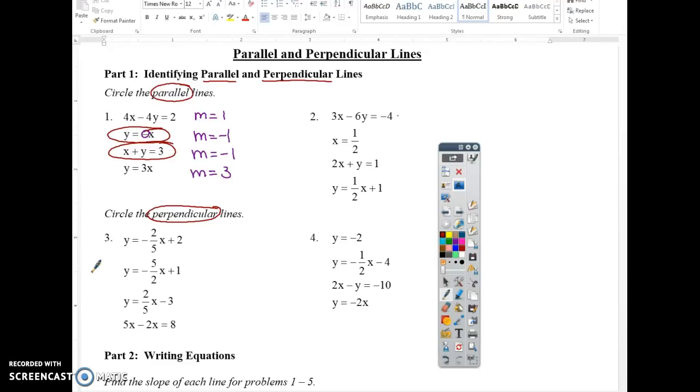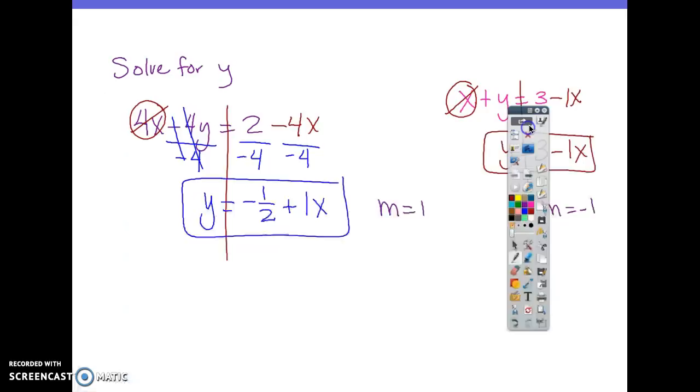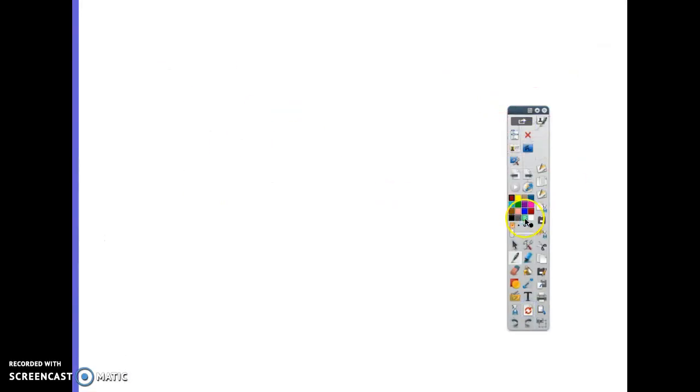Problem number 3. The only one that I need to solve is this one right here. So on your scratch sheet of paper, let's solve it real quick. Solve for y. The equation is 5x minus 2x equals 8. So can I solve for y on this one?